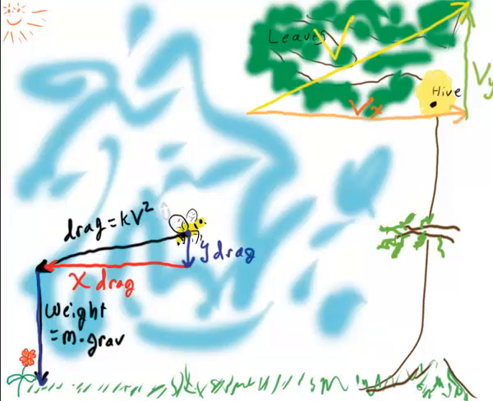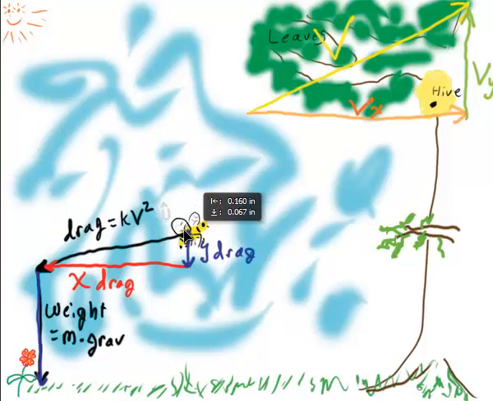Now the way that we can find that is by starting with making a vector that goes from the tip of this vector all the way to where the first vector that we added started at. That's how we add vectors.